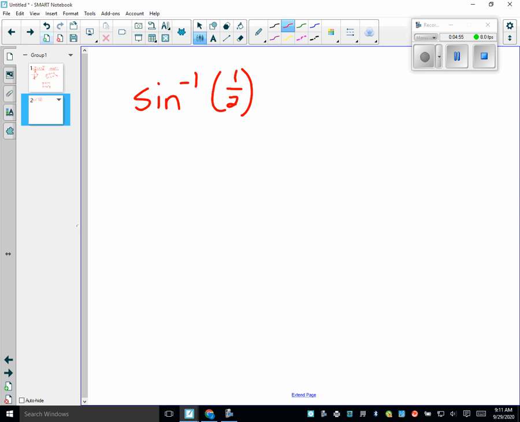What is the angle? That's what that actually says. Now, is my angle going to be in quadrant 1 or quadrant 4? 1, because it is positive. Do you agree?